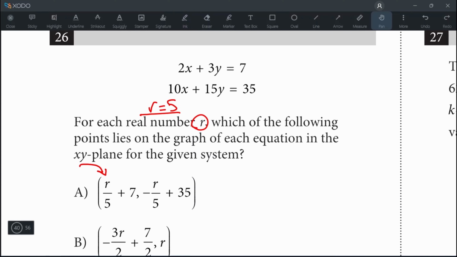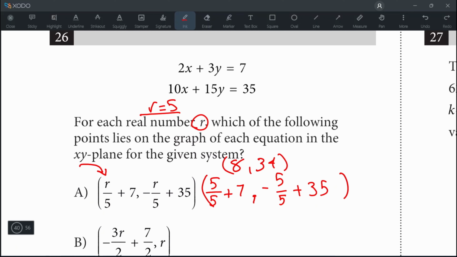So let's do that with choice A. In the first choice we'll have 5 over 5 plus 7, that's the x coordinate, and negative 5 over 5 plus 35. So in the x coordinate we'll have an 8, and in the y coordinate we'll have a positive 34.